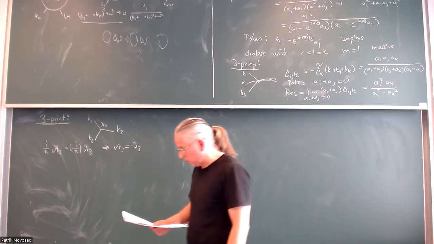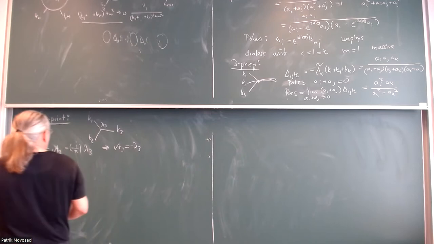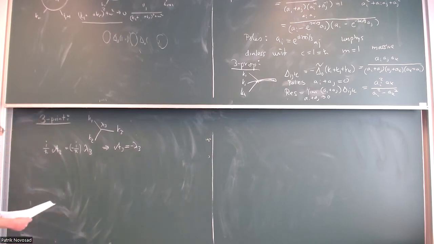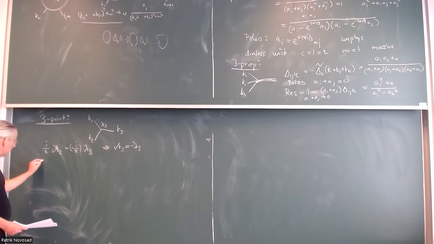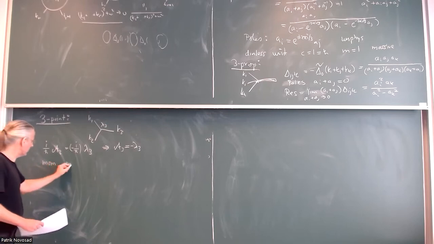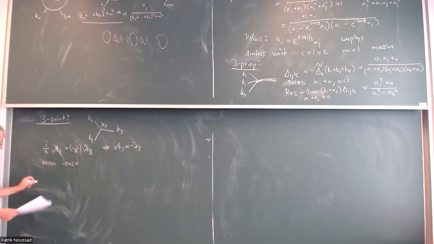Okay, and then you can wonder, we're not allowed to have A3 because this would be like 2 to 1 or 1 to 2. So what then? Well, we should also check the momentum conservation. So the momentum conservation says that the sum of k plus and k minus should be 0.